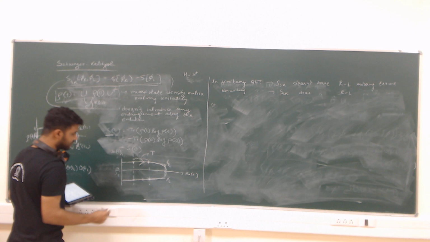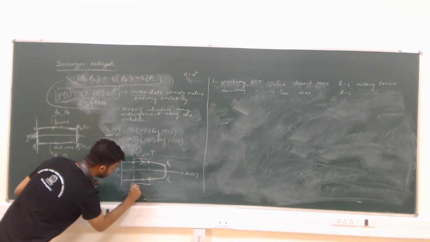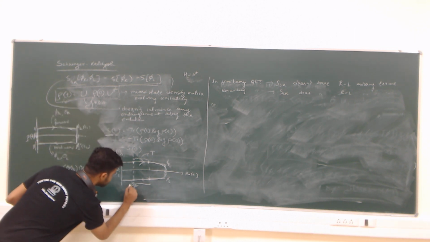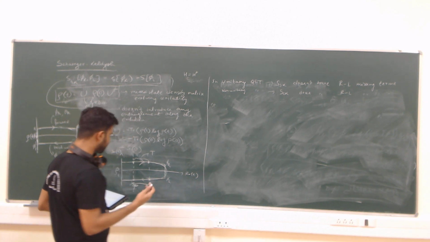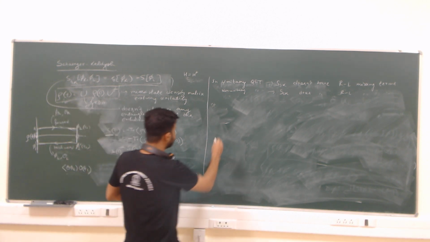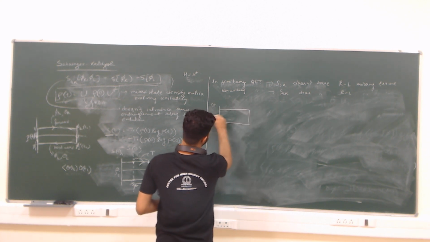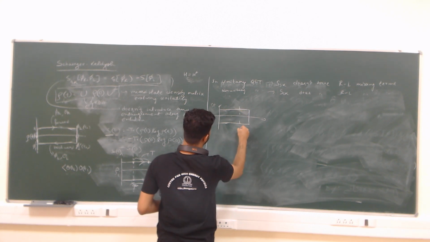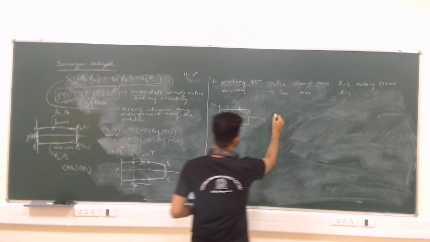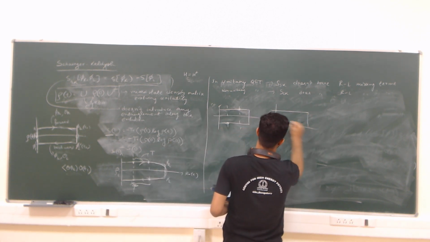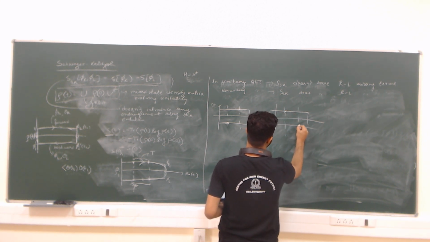If my operators are here, this is backward evolving. So for this kind of operators, it will be anti-time ordered, which I am denoting by this T3. And there will be two kinds of terms which will not be time ordered, no time ordering at all, which will be just this kind of diagrams. If I have an operator here and here, or if I have an operator here and here.